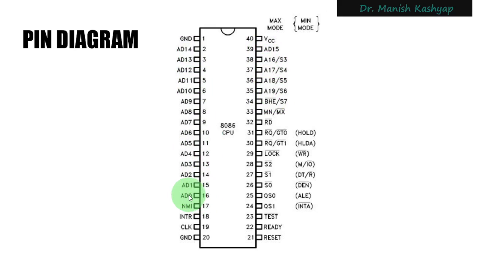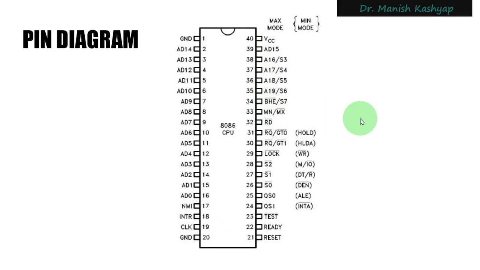From AD0 to A19, you have got a total of 20 pins. And you already know that the address bus of 8086 is of 20 bits. So the address is usually kept on these pins from AD0 to AD19, right? So this is used for the address bus.